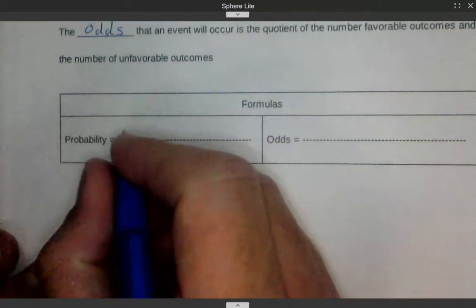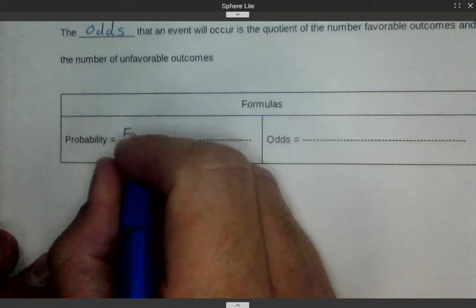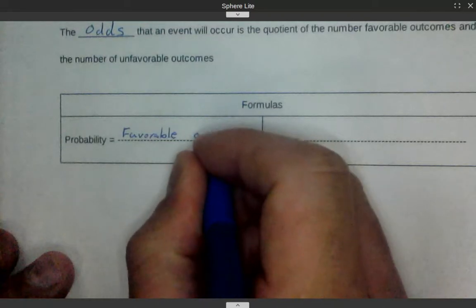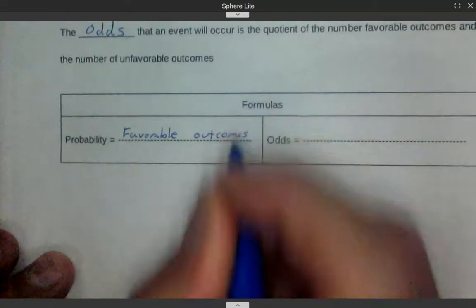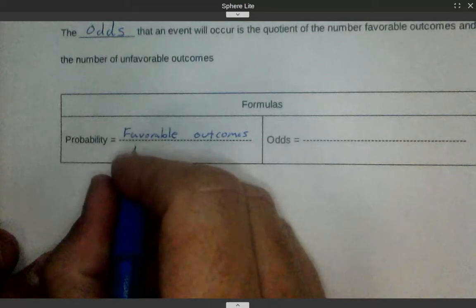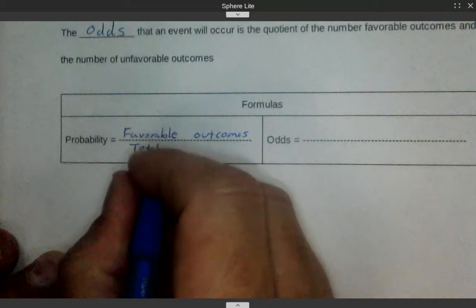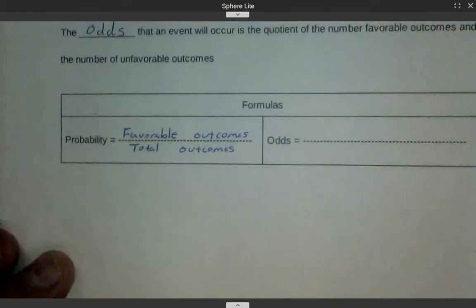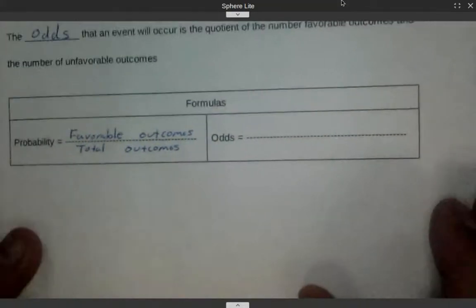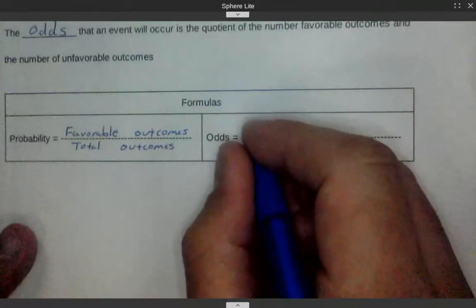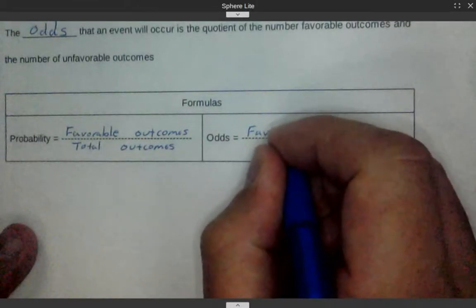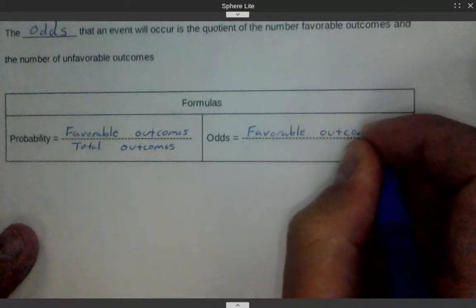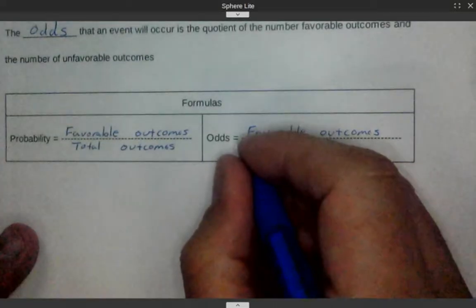For probability, we are looking at the favorable outcomes over the total outcomes. For odds, we are looking at the favorable outcomes over the unfavorable outcomes.